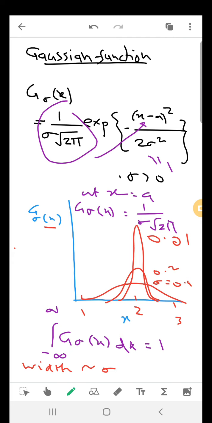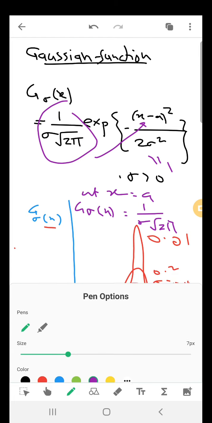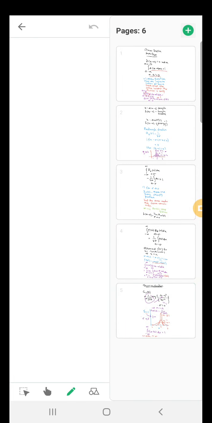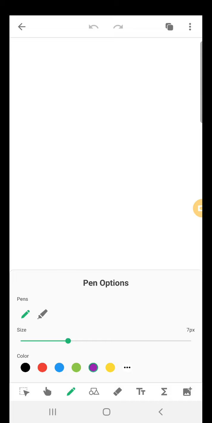So in the limit of sigma tends to 0, this has all the properties of the delta function. So we can again represent the delta function in terms of Gaussian function in the following manner.